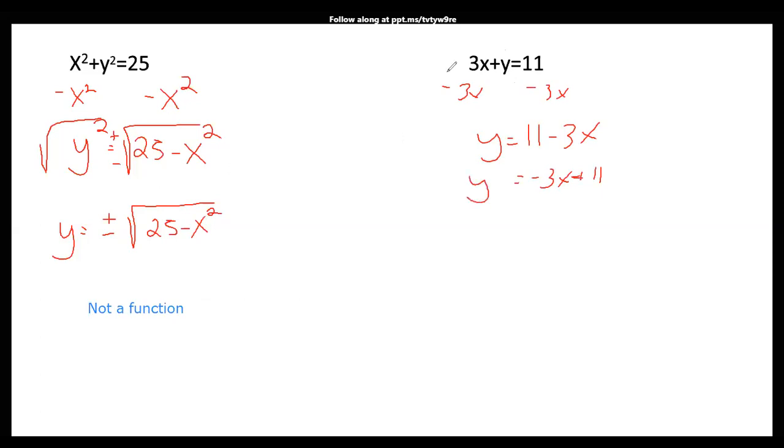In this case, we see that there's exactly one value of y for every value of x. So it maps a single value of x to a single value of y, and this is a function.